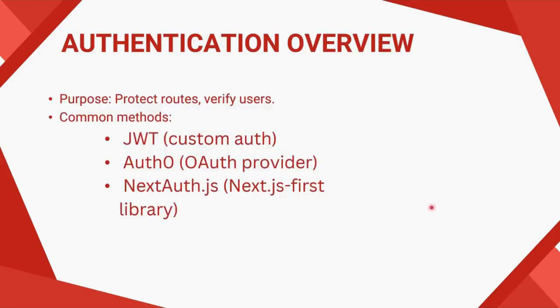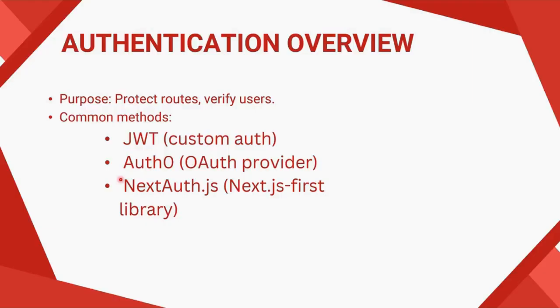Authentication overview. The purpose is to protect routes and verify users. Second, there are three popular methods we can say. JWT custom authentication: you create the token yourself and verify it manually in your APIs.